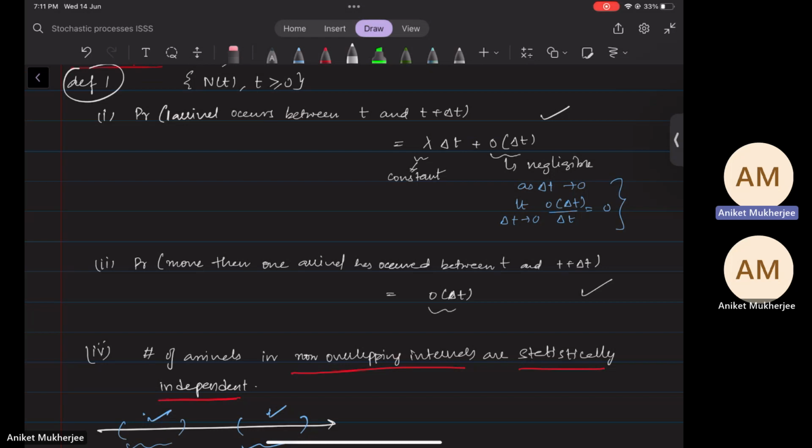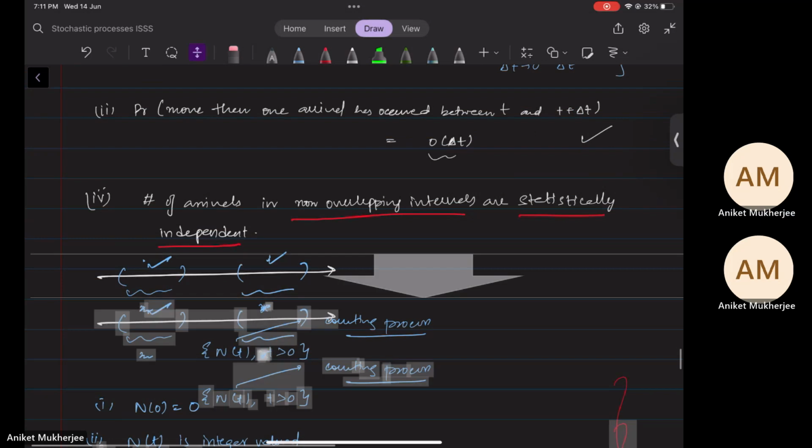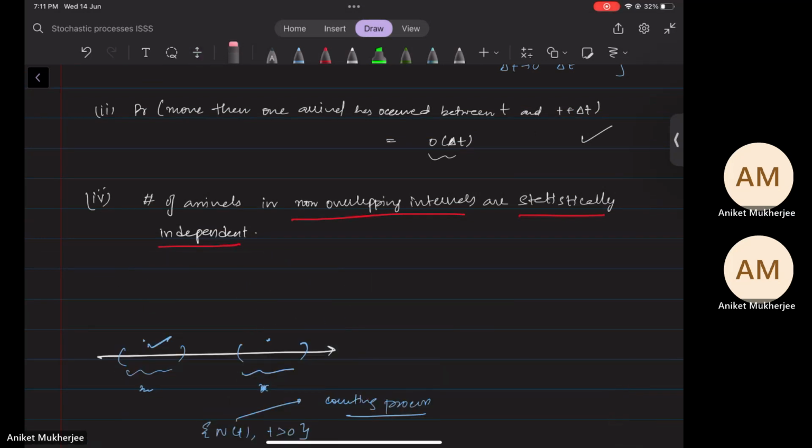So let me calculate the probability of no arrivals here. The probability of no arrivals between t and t plus delta t is 1 minus the sum over i equal to 1 to infinity of the probability of i arrivals between t and t plus delta t.